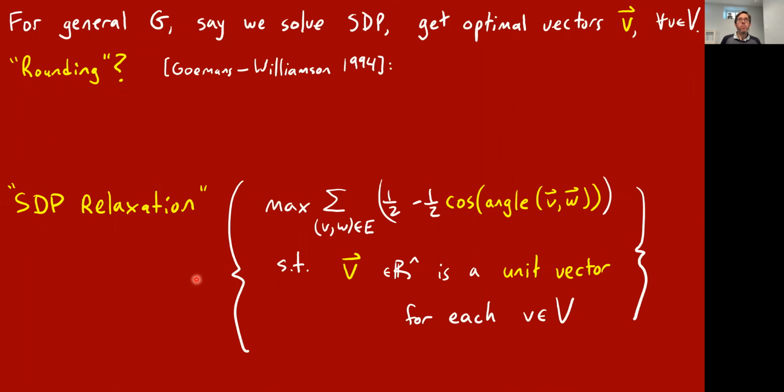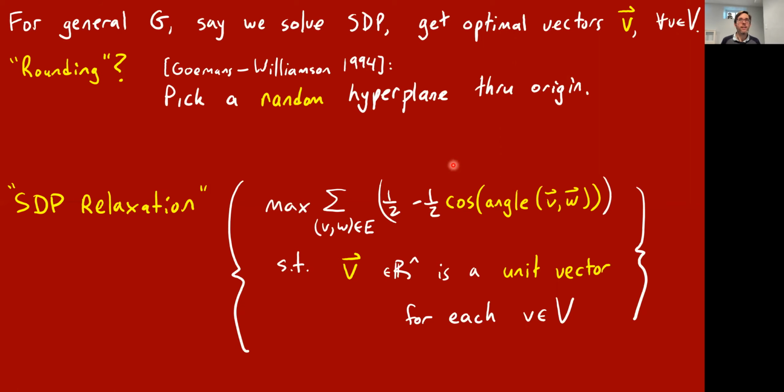Okay, so there's a very beautiful, natural, and elegant way to do this, given by Goemans and Williamson in this famous paper from 1994. And it's this. You have all these vectors in space that you've gotten out of solving your SDP, and you want to partition them into 2 parts. So what you can do is pick a hyperplane through the origin.